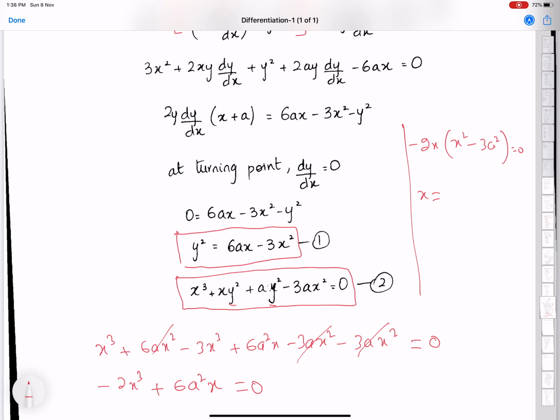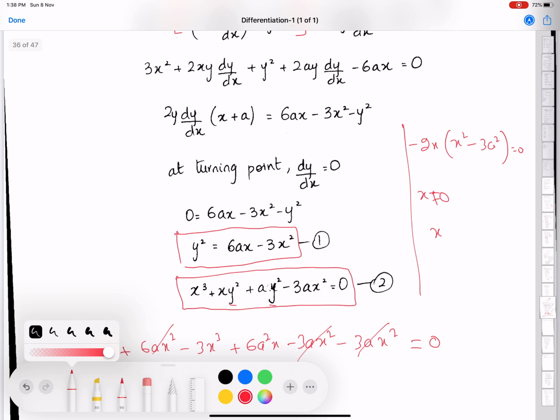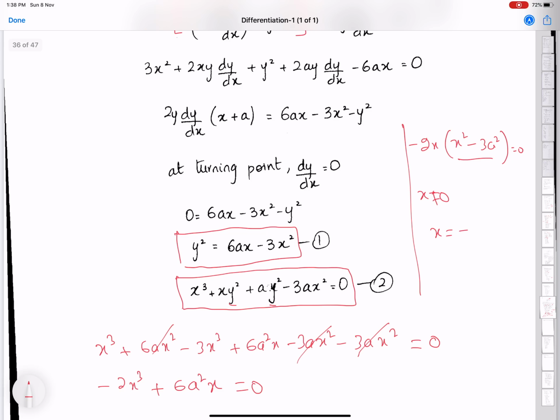Since x is not 0, ignore this value of x, and from this expression, we have x equals plus under root 3a, because x is positive at m. So this is the way to solve these two equations.